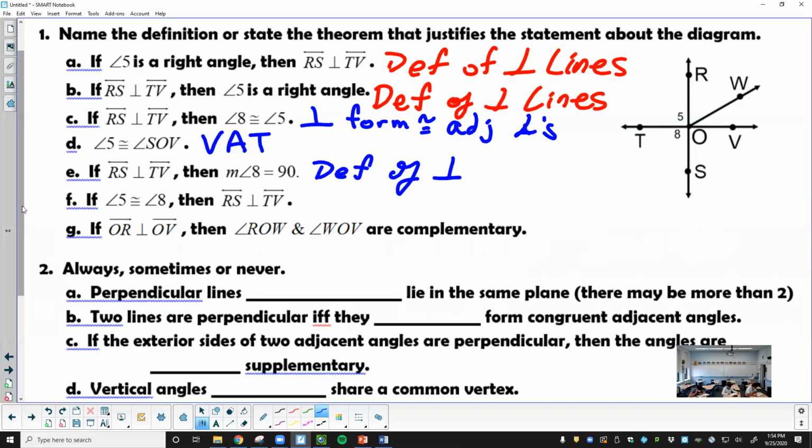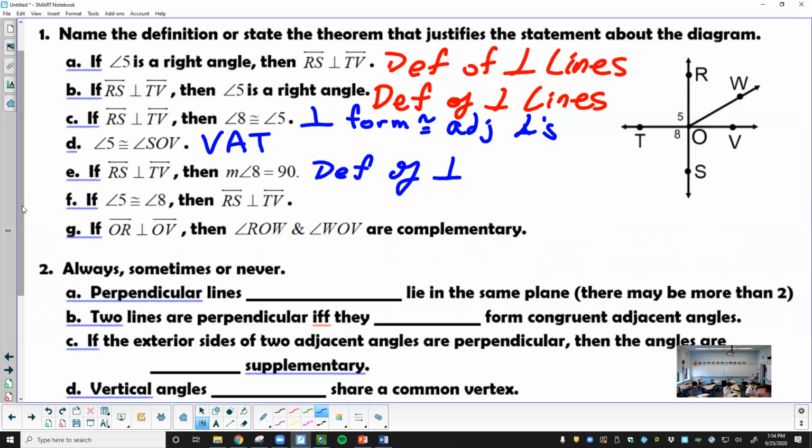Angle 5 is congruent to angle 8, then they must be perpendicular. Luke, what do you think that would be? Does the definition say that if the angles are congruent, then the lines are perpendicular?